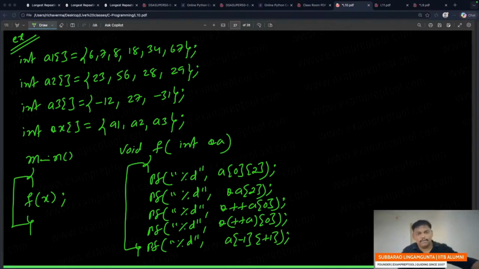Hope you people are done. Can I go ahead? Can I give the answer? If you can do this problem in the C language, you can do any problem. Can I go ahead?